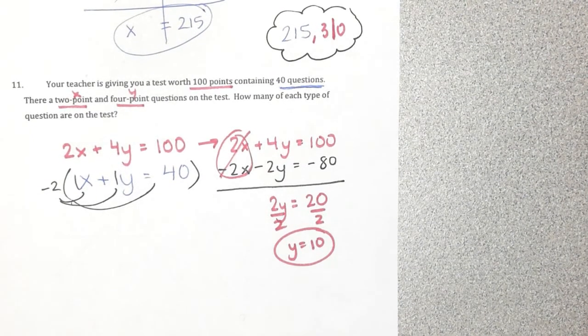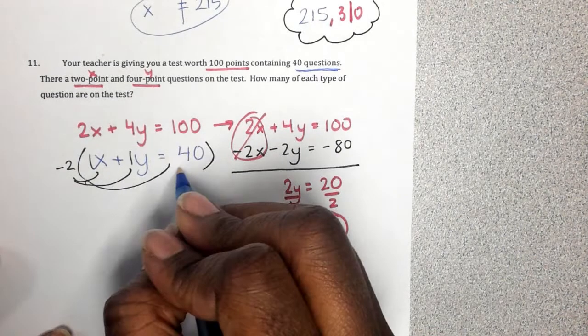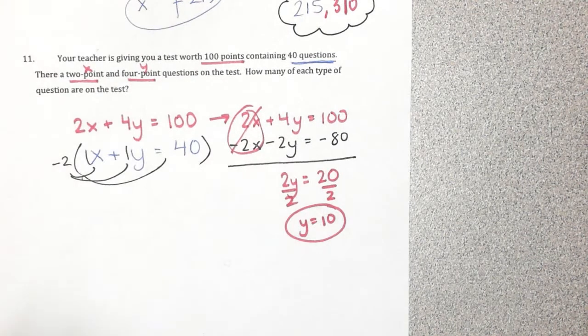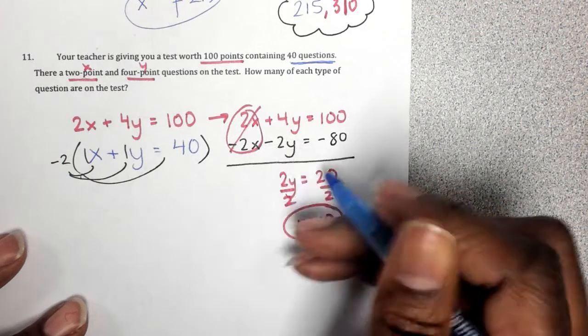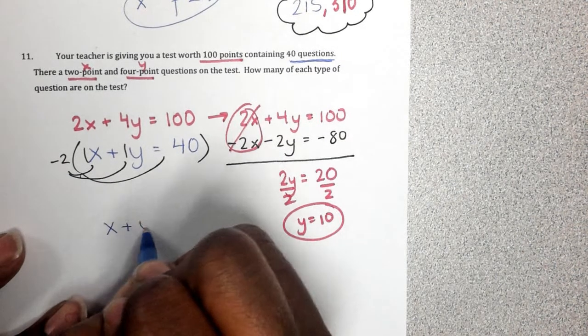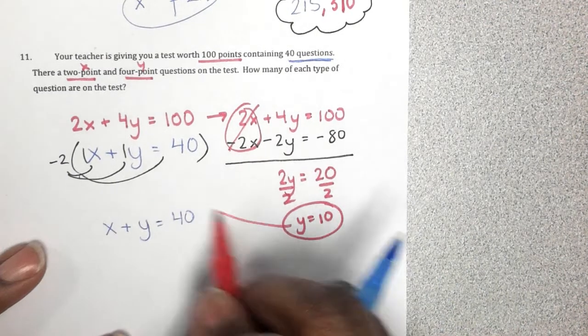But I'm not done yet, because I got to take this y equals 10 and plug it back in either top or bottom, one that we did not change. If you're going to use the top, that's great. Just do not use the one that we changed. You can use the bottom as long as it hasn't been changed.